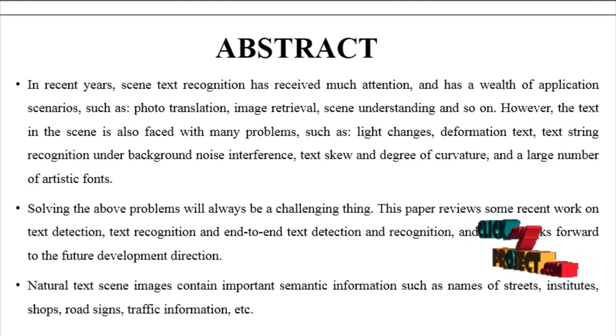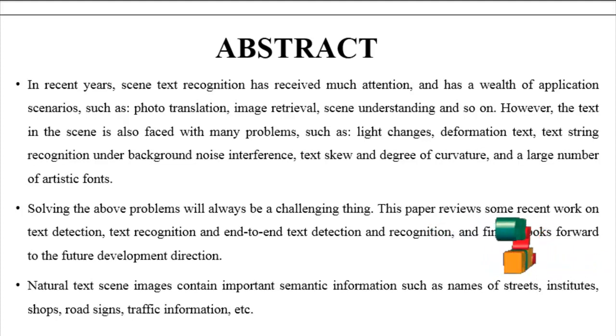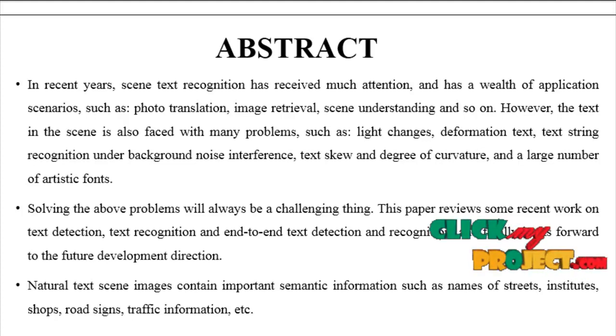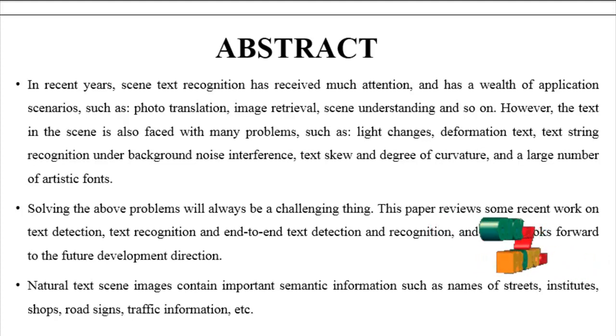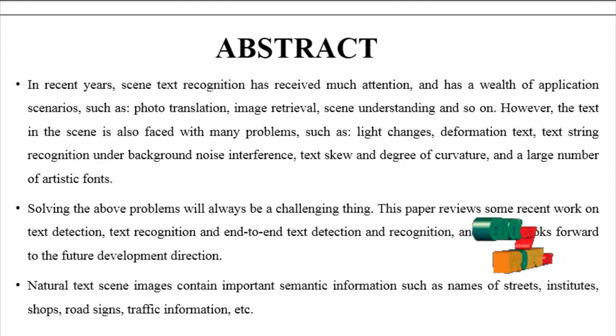In recent years, scene text recognition has received much attention and has a wealth of application scenarios such as photo translation, image retrieval, scene understanding, and so on. However, text in the scene faces many problems such as light changes, deformation, text string recognition under background noise interference, text skew and degree of curvature, and a large number of artistic fonts.